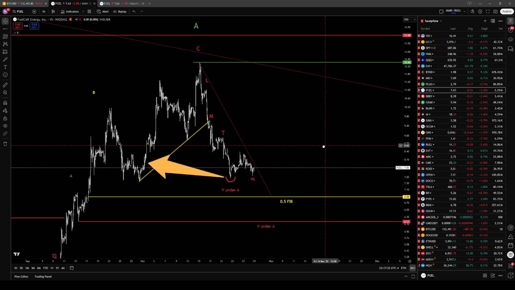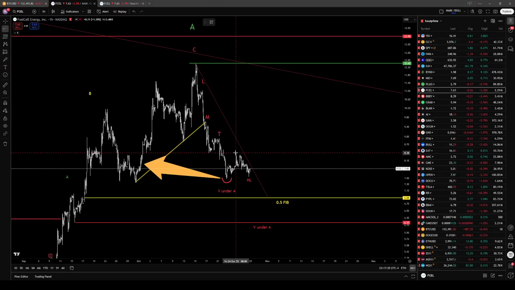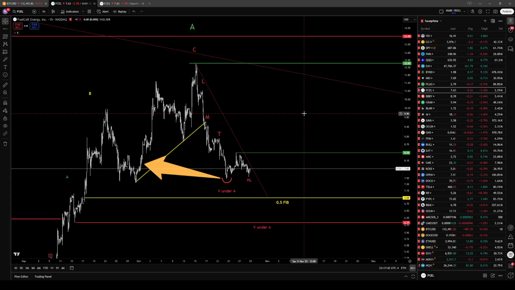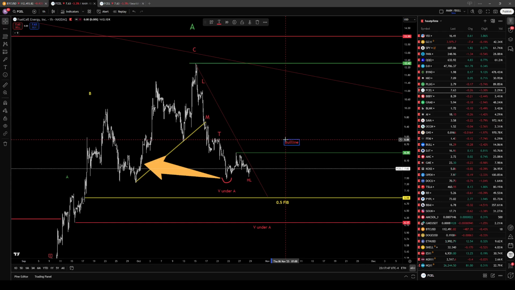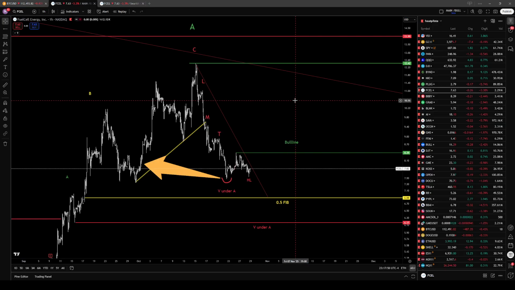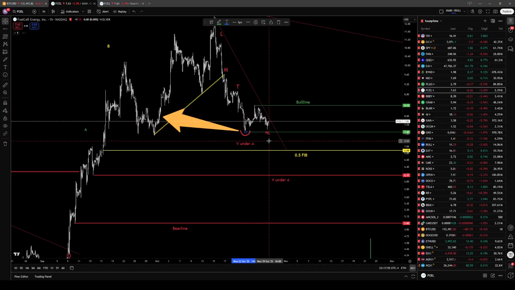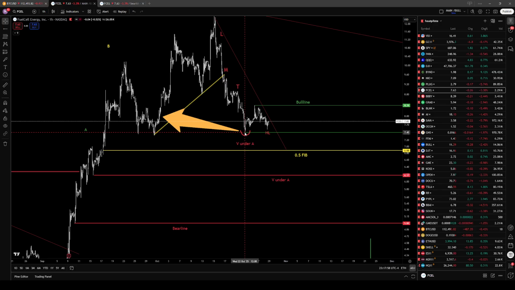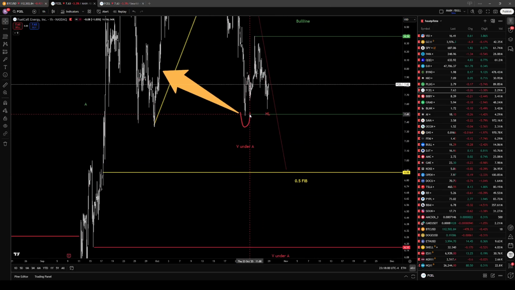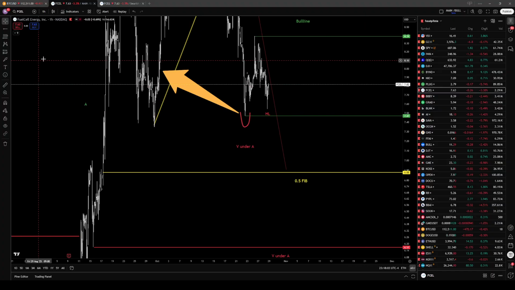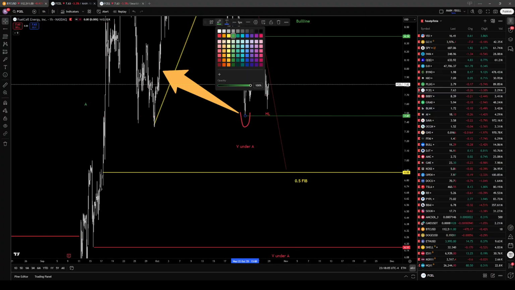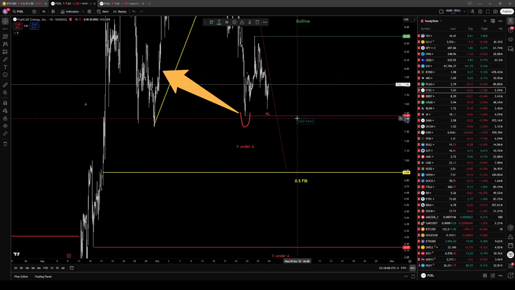Confirmation for this is, of course, holding this higher low and breaking over 839. That would be a bull line. At the same time, everything at or under 747, this would be your bear line, or beer line?